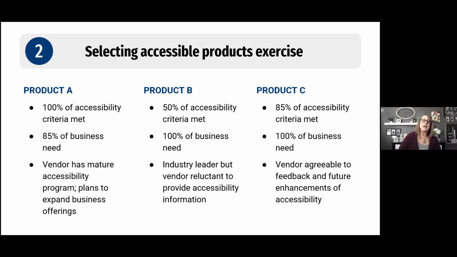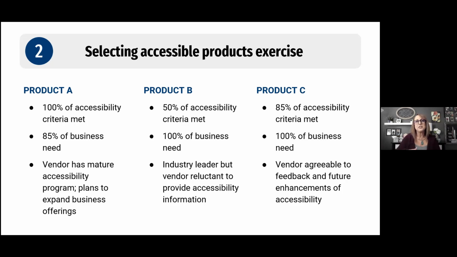Yeah, so that's great. What we're looking at, and you guys hit the nail right on the head, is that product A, if they're expanding their business offerings soon, that may be a little trade-off.